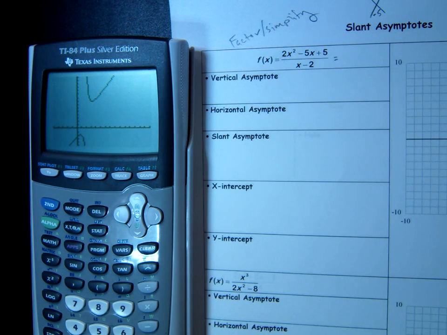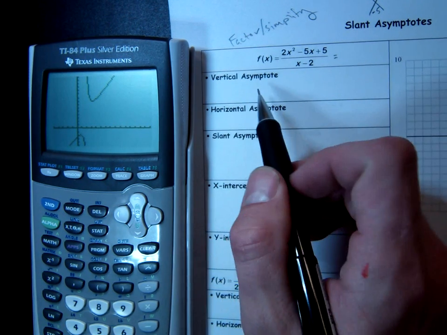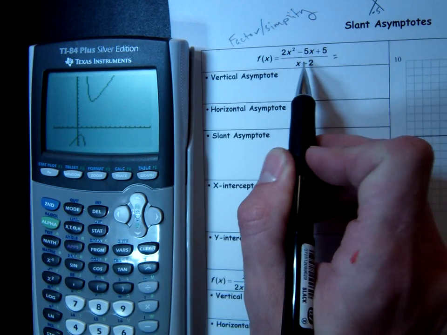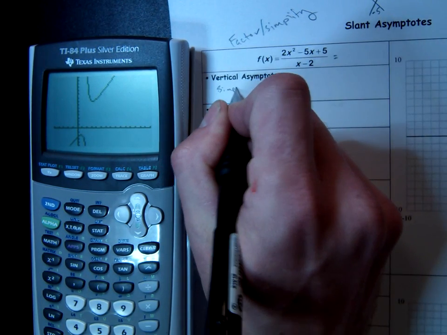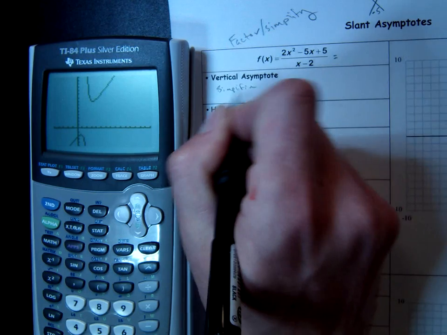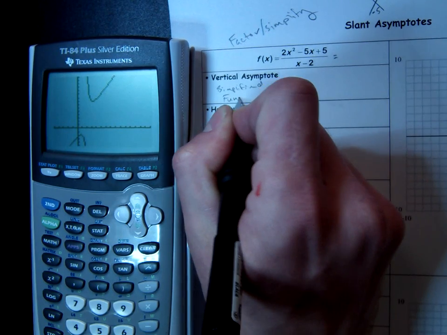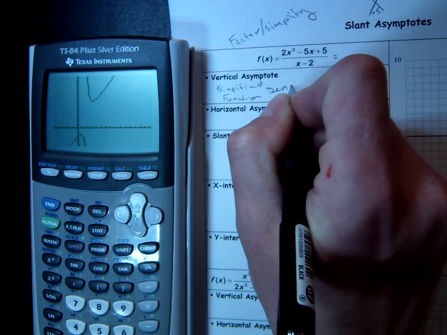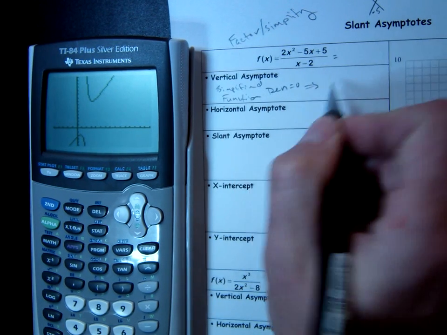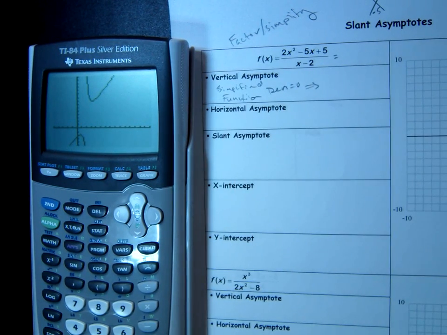So vertical asymptote. Well, the vertical asymptote is when our simplified function has a denominator equal to 0. So, this is our simplified function.